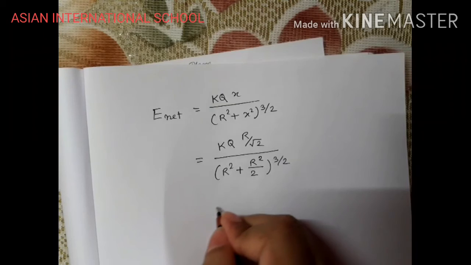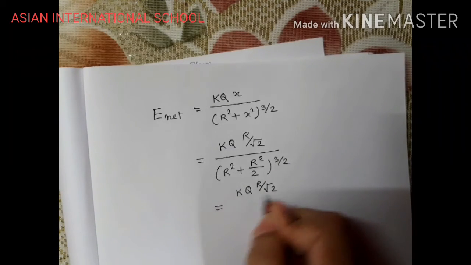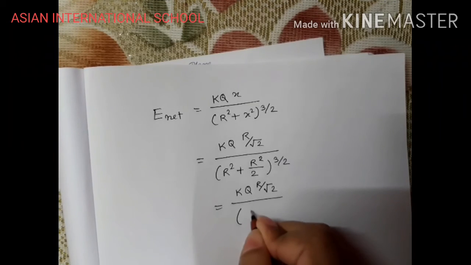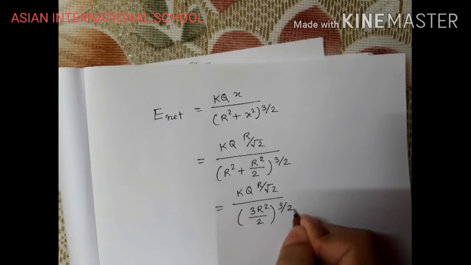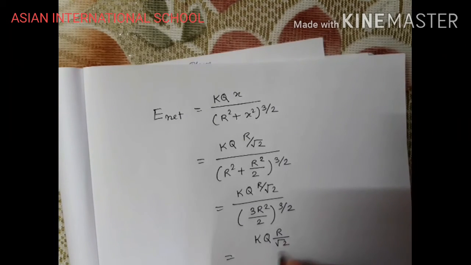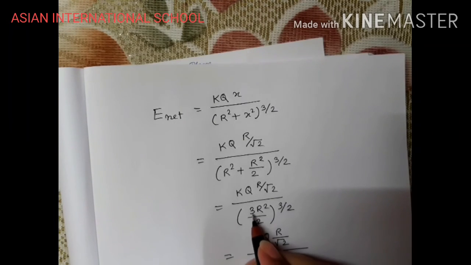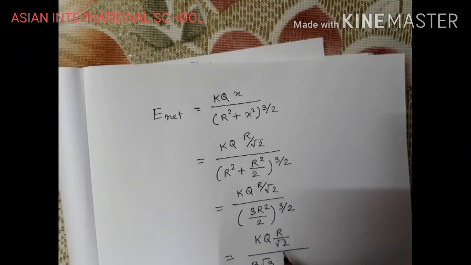If I solve it properly, this will become 3 r square by 2 to the power 3 by 2, so 3 to the power 3 by 2 is 3 root 3.